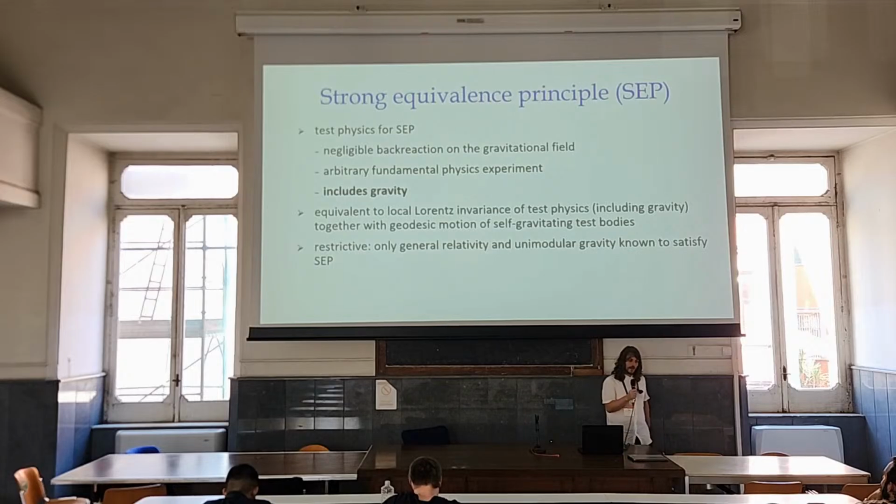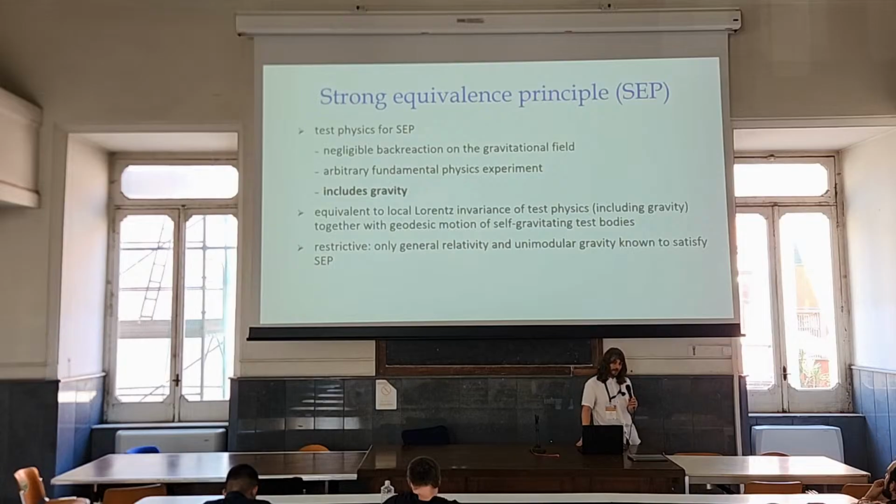The other one is that self-gravitating test bodies, or also non-self-gravitating test bodies, must move along geodesics in the space-time. If you have these two assumptions, then the strong equivalence principle holds, but this turns out to be very restrictive for your gravitational dynamics. Essentially, only general relativity and unimodular gravity are known to be compatible with all these assumptions.